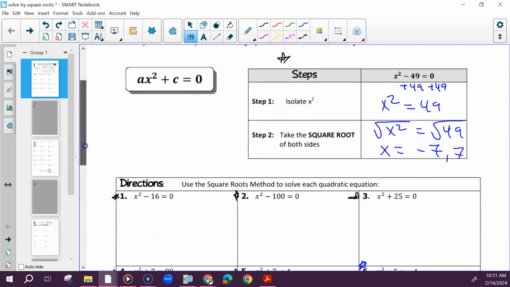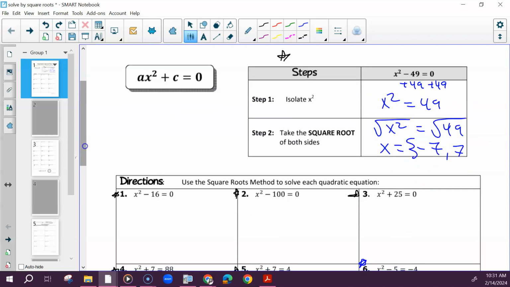And you're going to write it in curly brackets as set notation. Or you could write it as x equals plus or minus 7, this symbol is called plus or minus, both of them combined. My curly brackets aren't perfect, but imagine curly brackets, one going one way and one going the other.